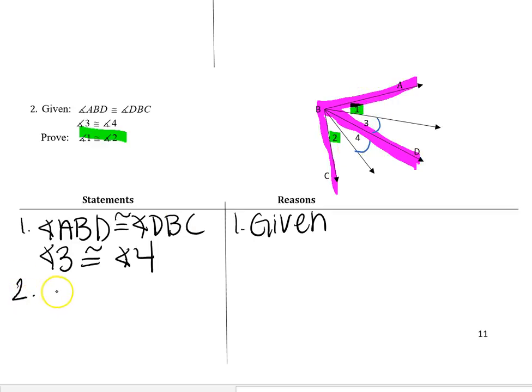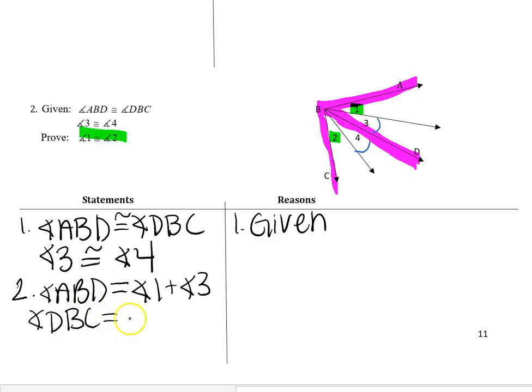So at my next step here, let's say angle ABD is made up of the sum of angle 1 and angle 3. And angle DBC is made up of 2 and 4. And that's just the whole is equal to the sum of its parts.